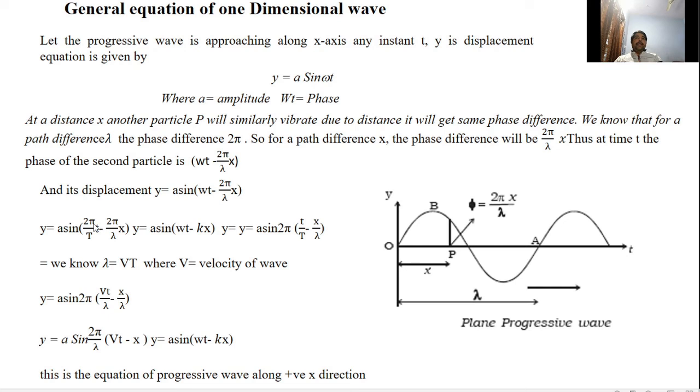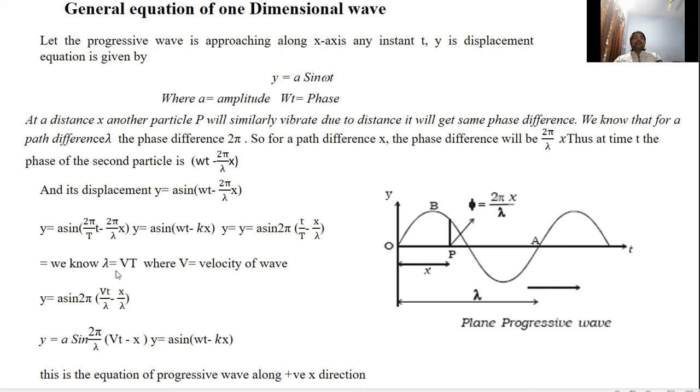If you take 2π common, the equation becomes y = a sin 2π(t/T − x/λ). If you put 2π/T = ω and 2π/λ = k, which is the propagation constant, then the equation becomes y = a sin(ωt − kx).